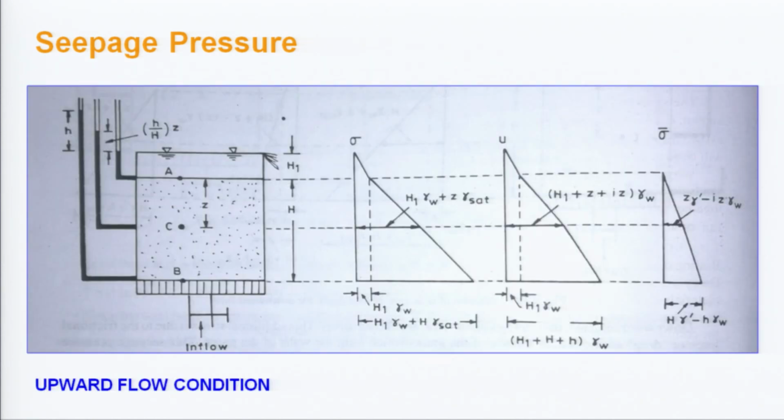Now, that was the downward flow condition, but when we talk about the upward flow condition, this is the third case that we will be considering. What happens in the upward flow condition? The water flows from this point, so it passes through C, B and A, and then flows out here. Now, what happens if we consider this line as the datum?